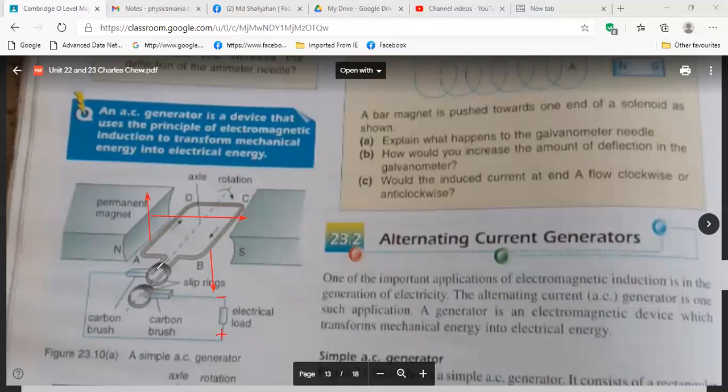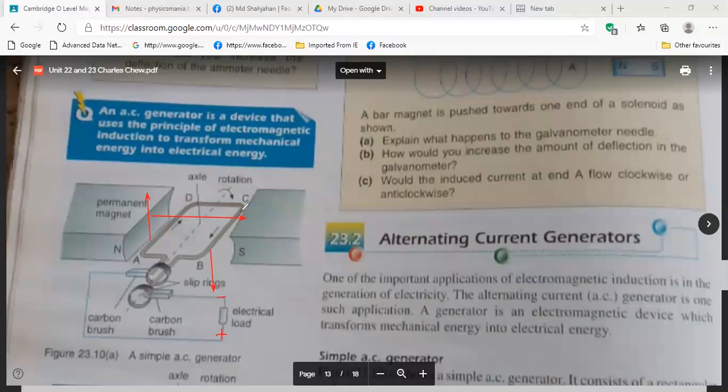Look, this is not a split ring, this is slip rings, right? Here, the left side carbon brush is connected to AD, right? And the right side carbon brush is connected to the part BC.